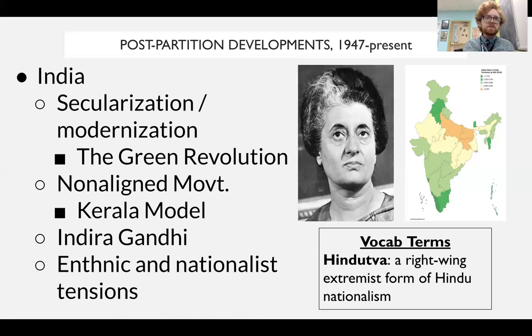However, we are still seeing problems of Indian ethnic conflict, Indian religious conflicts, especially between Muslims and Hindus. So we are seeing remaining ethnic and nationalist tensions. We see the rise of a right-wing extremist form of Hindu nationalism called Hindutva. And largely this movement of Hindu nationalism still has an impact today, still leading to a lot of anti-Muslim bigotry in India.